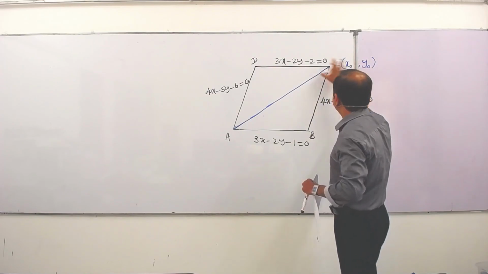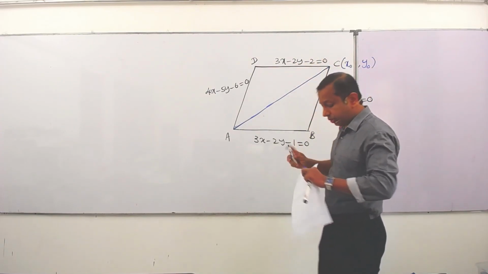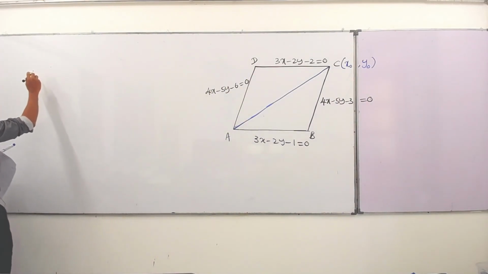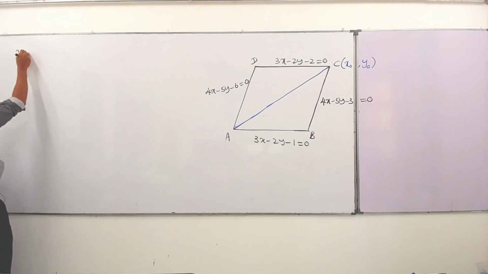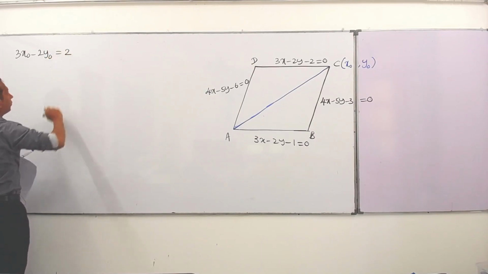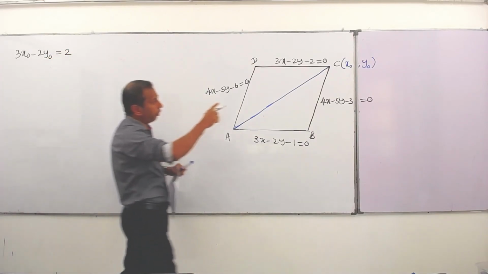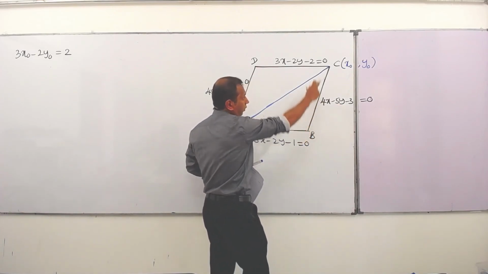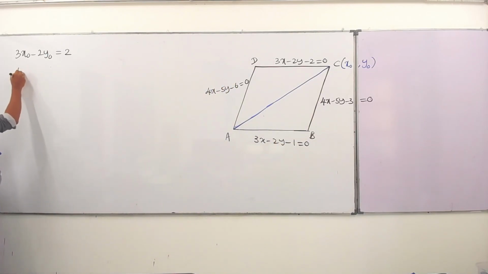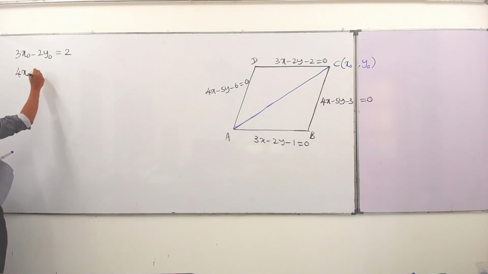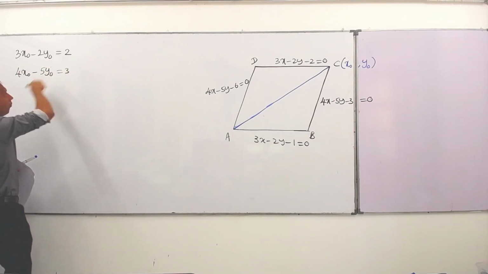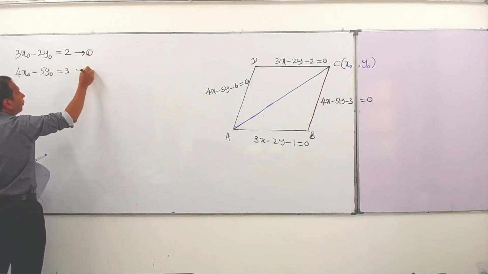Therefore, x naught, y naught should satisfy both equations. So 3x naught minus 2y naught equals 2, and 4x naught minus 5y naught equals 3. Let us take these as number 1 and number 2.